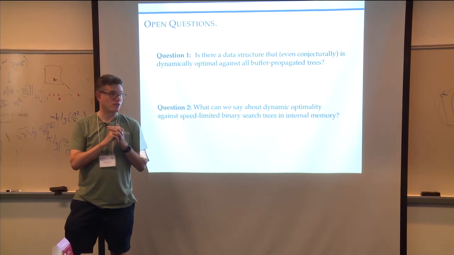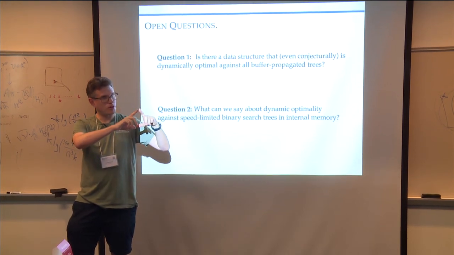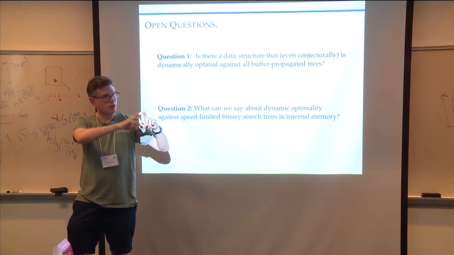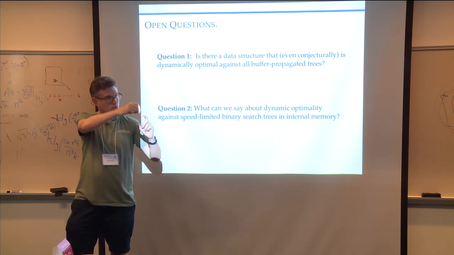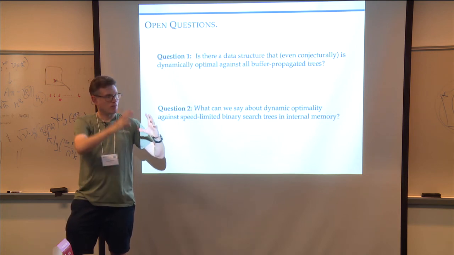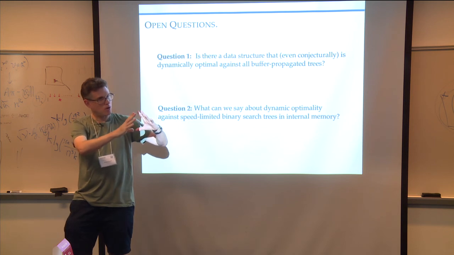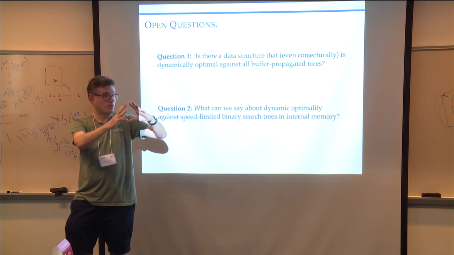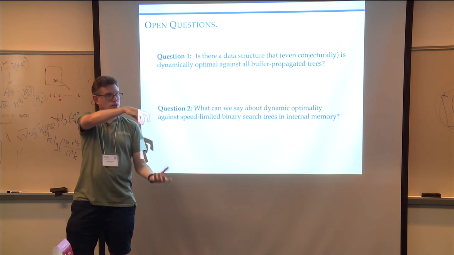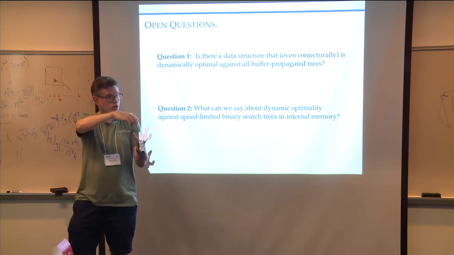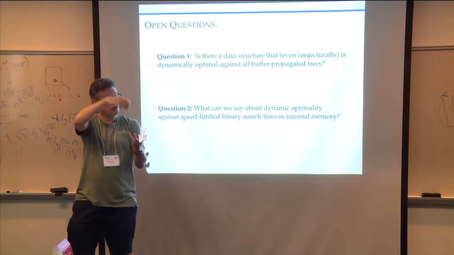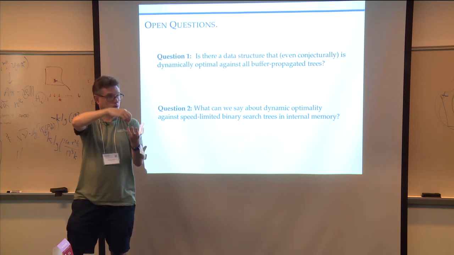Those are good questions. So first of all, the nice thing about rotations is when you rotate a node up the tree, you're not just moving that one node up the tree, but you're pulling a whole entire subtree up. So the nice thing about rotations is you're lifting an entire tree up a little bit. Whereas when you do splitting and merging, you're just moving one pivot up in the tree.